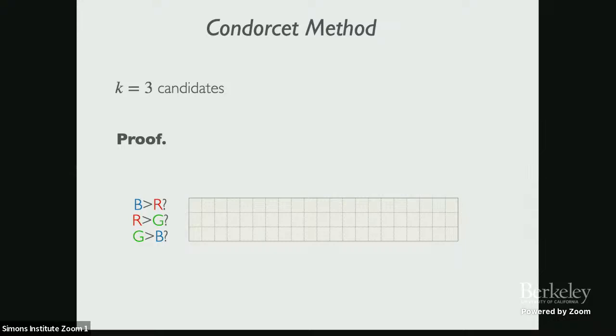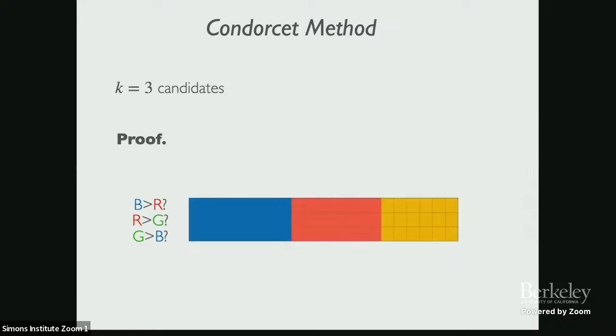What we are going to do is partition the voters into 3 groups. It's a random partition: I belong to the first, second or third group with probability 1/3. For the first group, I only ask them their opinion on red versus green, and green versus blue.